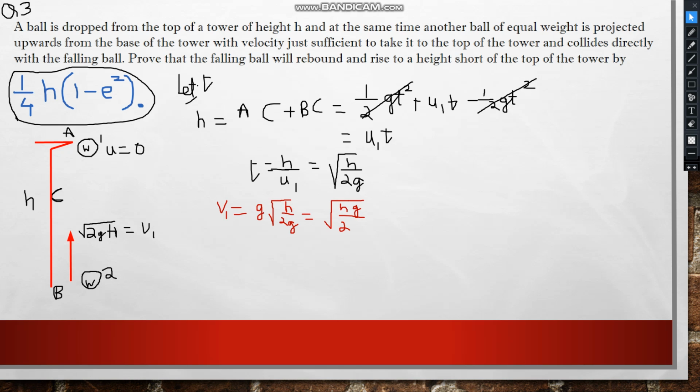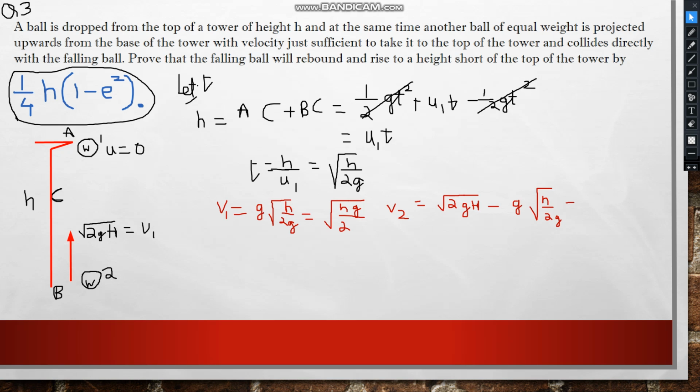Okay, now let's find v2. v2 will be u1 minus g t. u1 is root 2gh, minus g into root of h by 2g.